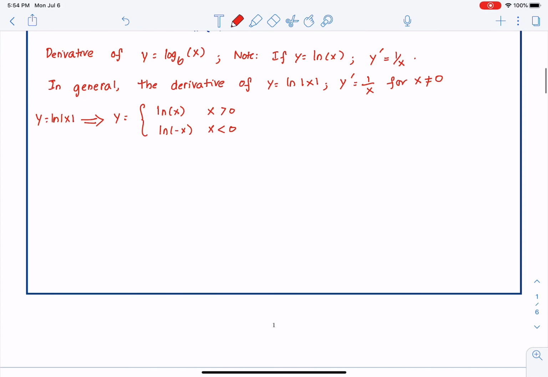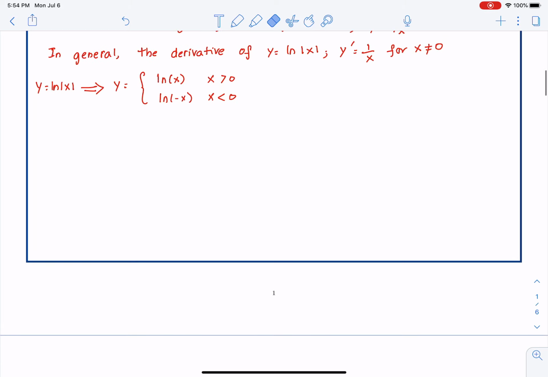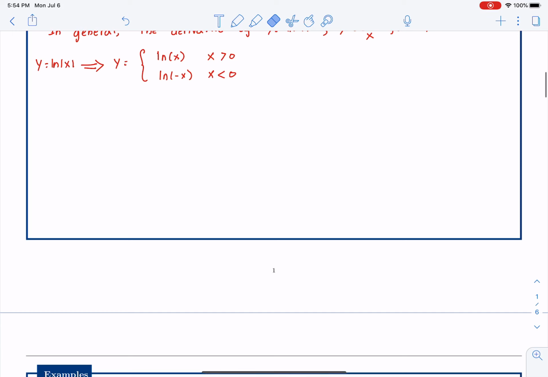Now, how do we go about getting that 1 over x if the base is not e? So I'm going to show you two different approaches.